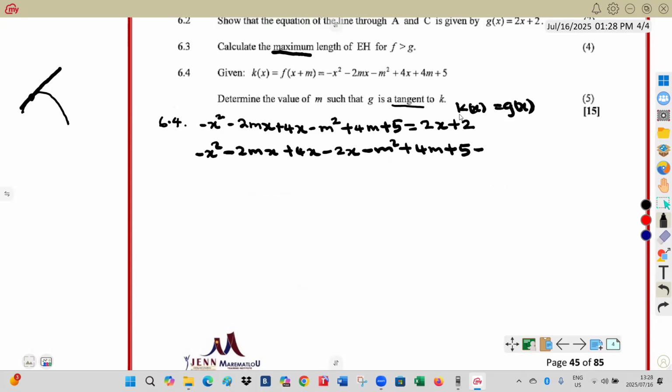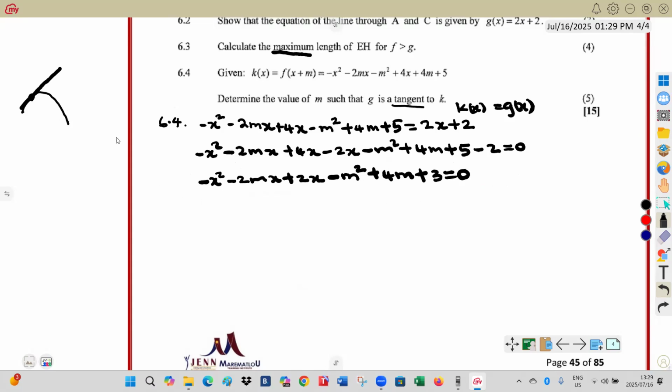We take the 2 here, it goes there, minus 2 equal to 0. Then simplify this, we are left with minus x squared minus 2mx, then plus 4 minus 2, it becomes plus 2x, minus m squared plus 4m, then 5 minus 2, it becomes plus 3 equal to 0.